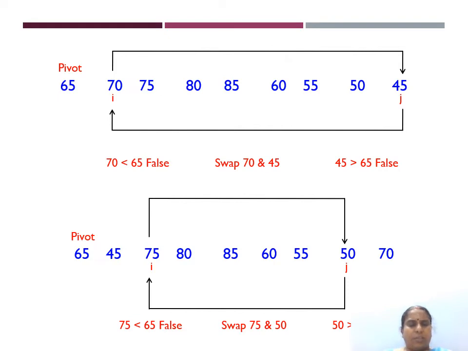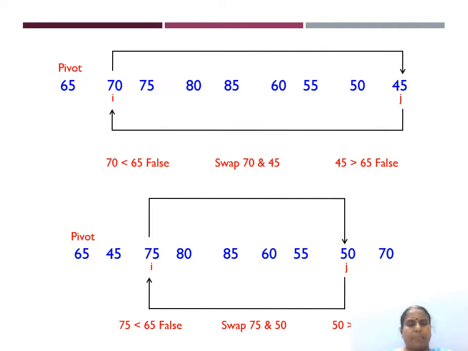Once the values are interchanged, we again apply it with the next position of I. The next position of I is now 75, so 75 will be compared with the pivot value. Here the pivot is 65 and the I value is 75.